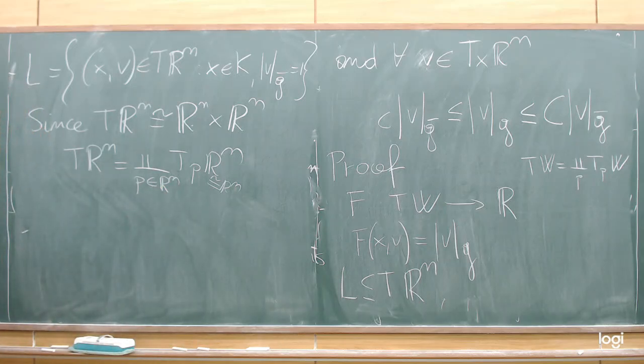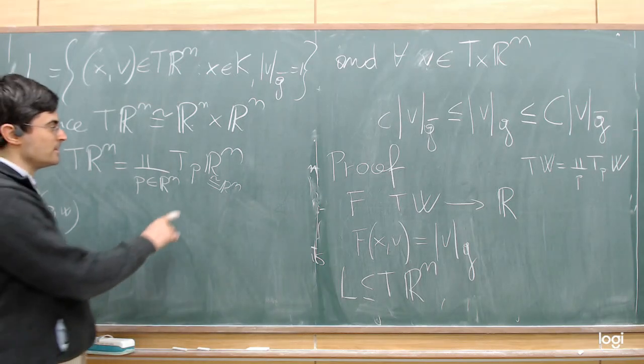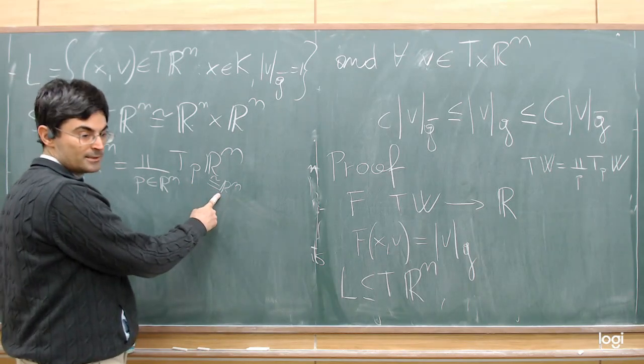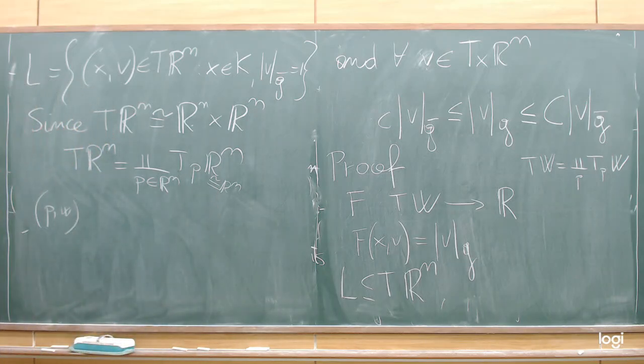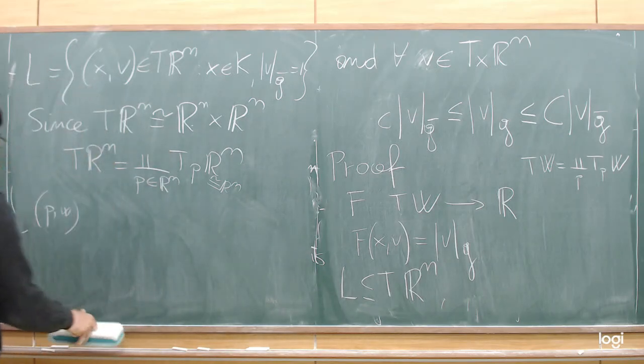So each point in TR^n is a pair where you have a point and a vector, and p can vary in R^n, and v is a vector in this space which can be identified with this. So it is at least clear from an intuitive point of view that you have this identification.